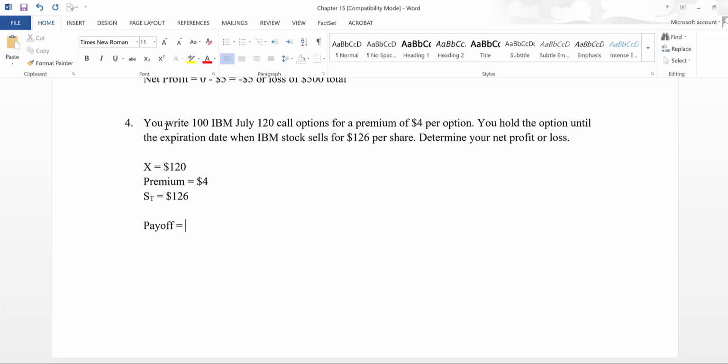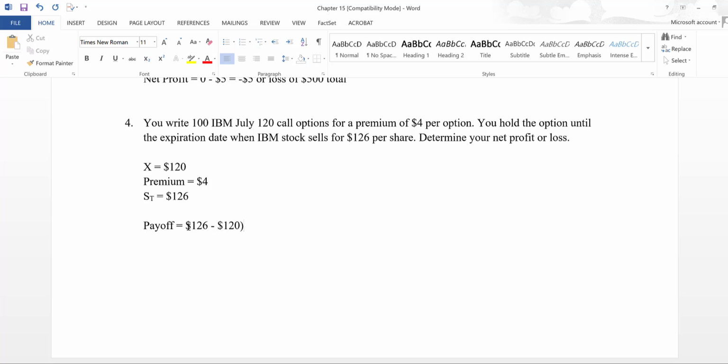You are the writer, you're not the buyer, but would the buyer exercise? The buyer has the right to buy the underlying stock at 120, and then the buyer can sell it for 126. So obviously for the buyer, it would make sense to exercise the option. What would be the buyer's payoff in this case? 126 minus 120. This is for the buyer.